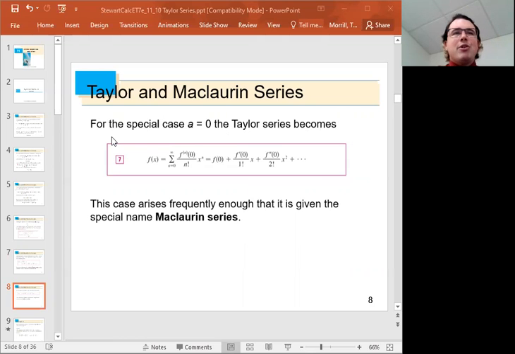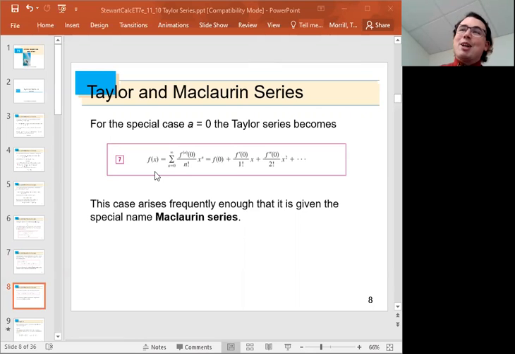So if we center the power series at x equals 0, then all of my x minus zeros to the n power, just the same thing as x to the n power, and we'd call this a Maclaurin series. Again, this is named after some long dead mathematician who worked with these things.